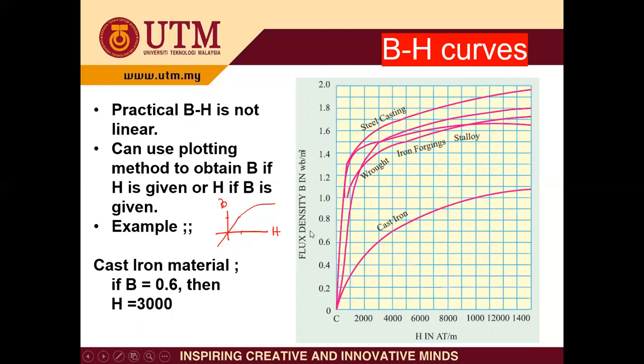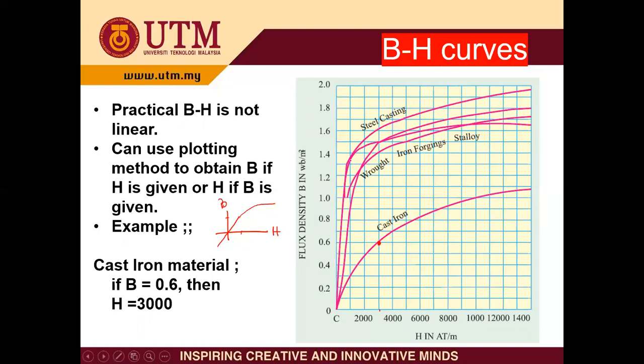For example, we can use this plot. If B of the cast iron is 0.6, at the intersection here, it means that when the flux density is 0.6, it will produce a magnetizing force of 3000, and it differs for different types of materials.